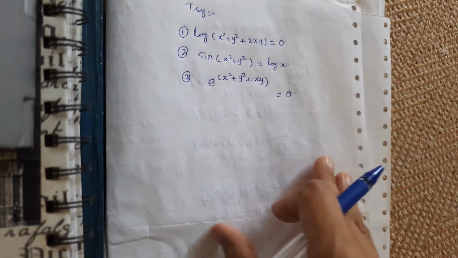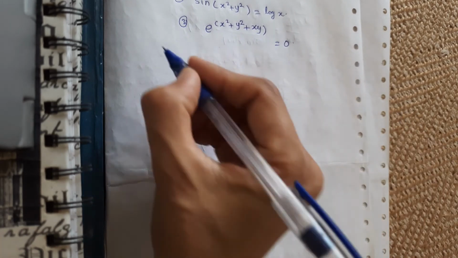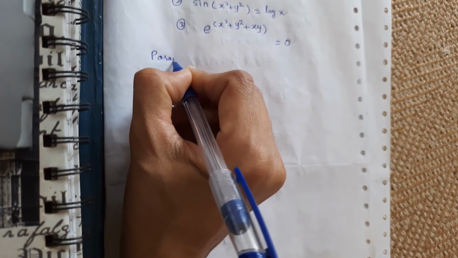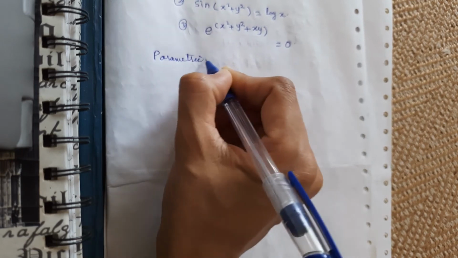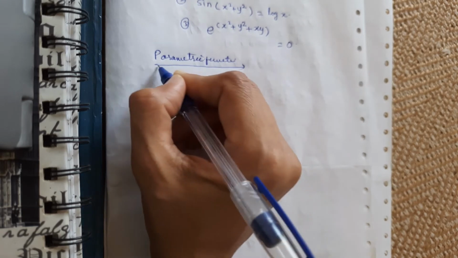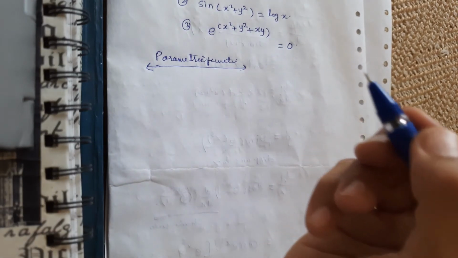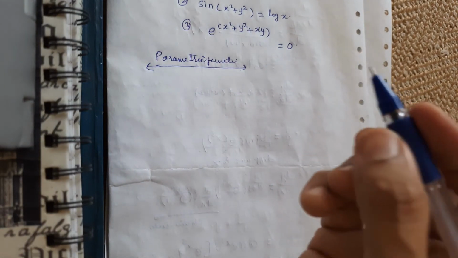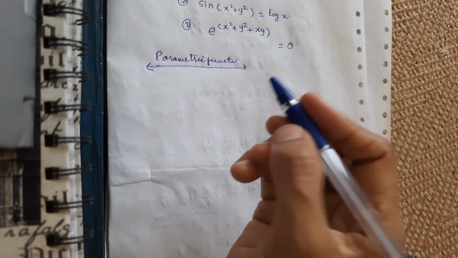Okay. Now we are moving to the next topic, that is the derivative of a parametric function. In the definition we have already seen what a parametric function is. In a parametric function, x and y are not directly related.